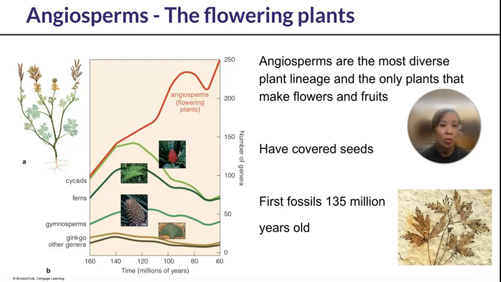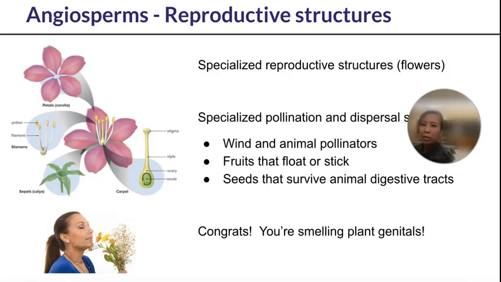We currently know roughly 370,000 species of angiosperm. So you may recall seeing a lab, our plant display, where we show the reproductive structure. The flower is a specialized reproductive structure.